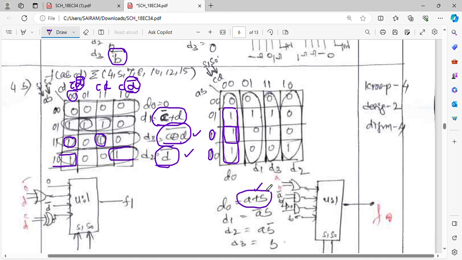In the next case, in the second one it is A bar B. Why it is A bar B is because here you can see that this is the only one, and it corresponds to A bar B, so that one only you are going to write. In a similar way it is A B bar.